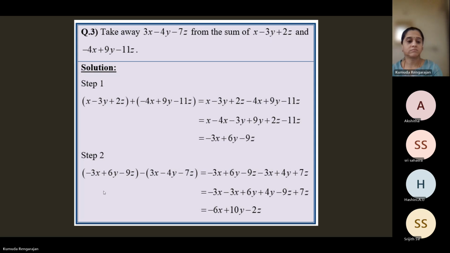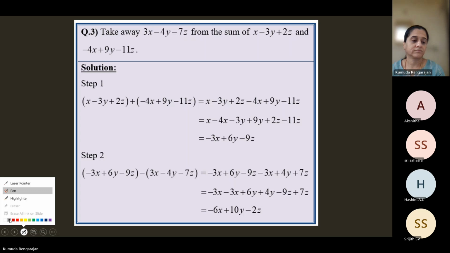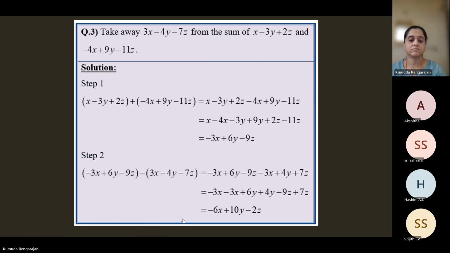Yes, ma'am. Akshita, completed? Yes, ma'am. Okay. Any questions? Shrikant, you got it? Next boy, Avanish? Harini? Doing. Okay. Step 2.